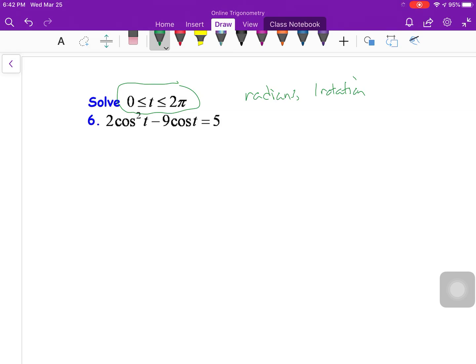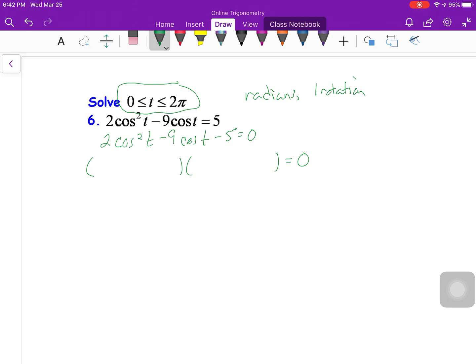But you'll notice the coefficients are the same coefficients we just had. The 2, the -9, and then the 5 on the other side. So we're going to follow the exact same process. I'm going to subtract the 5 first. And then I'm going to factor just exactly the same way I did before. Now, what's different here is, instead of an x, we have a cosine.